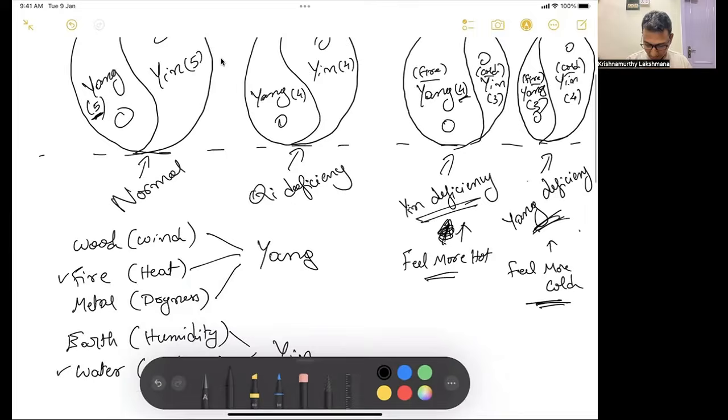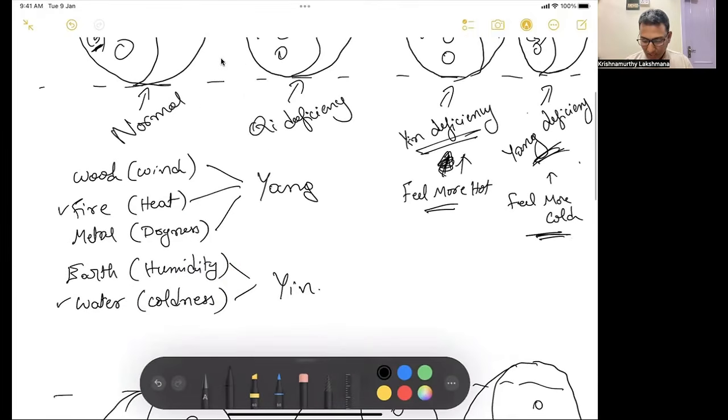Okay. So earlier they were able to walk 4 floors. Now from 4 floors, they are able to climb only 3 floors. But their ratio of hot and cold is okay, it is in balance. So we call this situation qi deficiency, right?